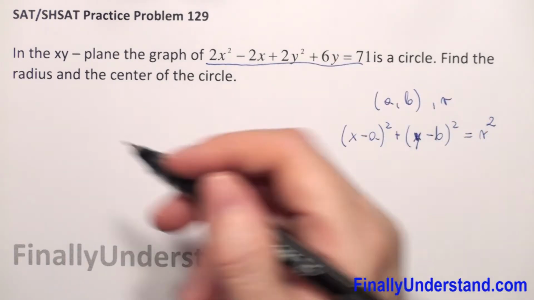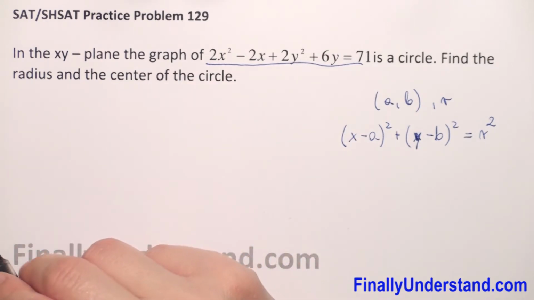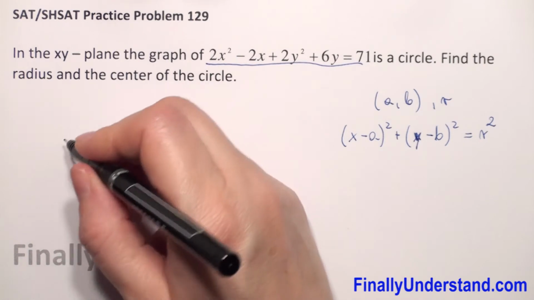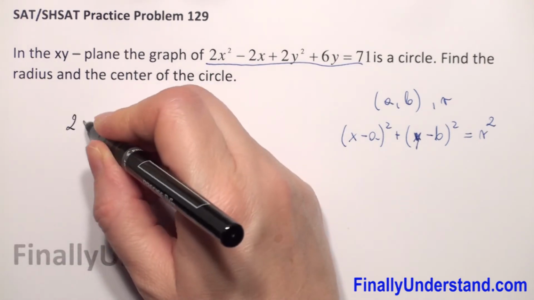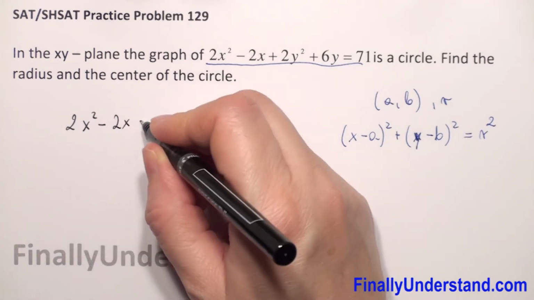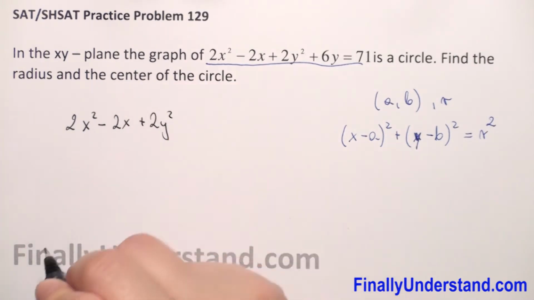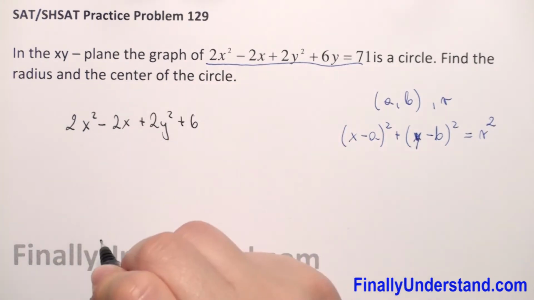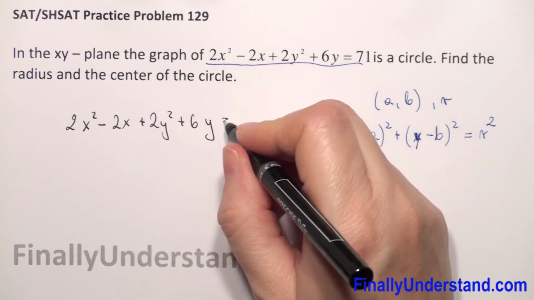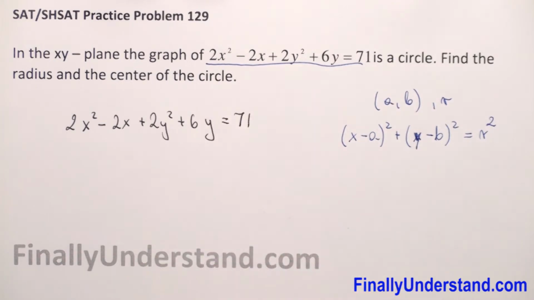Let me copy our equation. We have 2x squared minus 2x plus 2y squared plus 6y, and this is equal to 71.